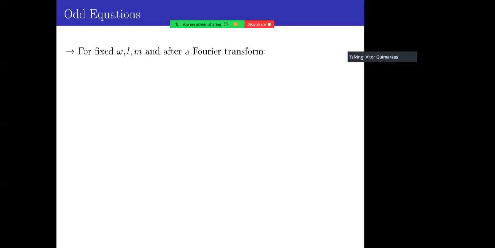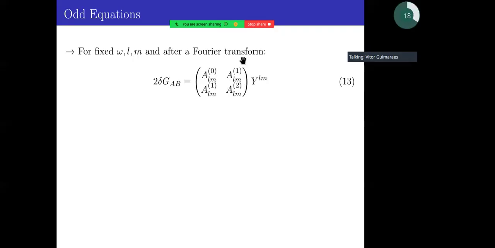But if we focus on each frequency and each value of l and each value of m, we don't have to put all those summations over l and m, and we don't have to do the integral over ω. We can do the Fourier transform because the spacetime has a time symmetry. This is why we can do this. So we can separate our h_μν into a radial part times a time part.